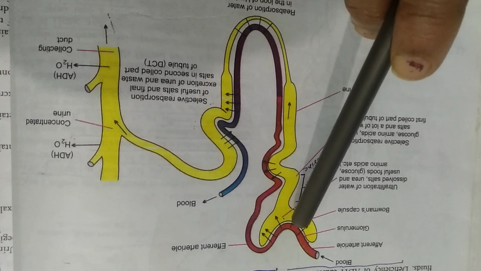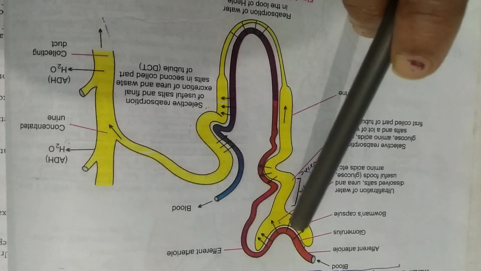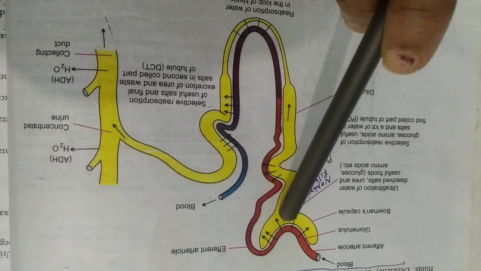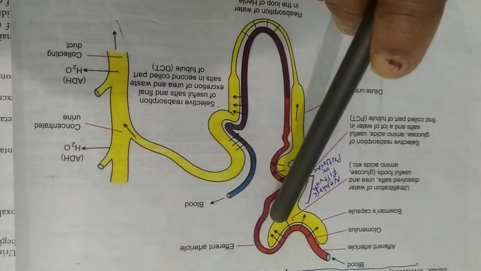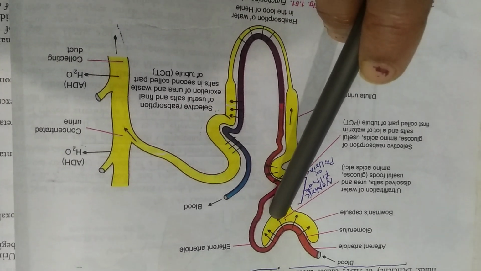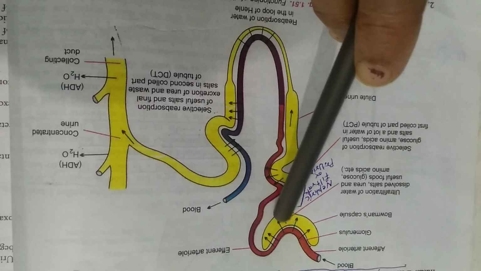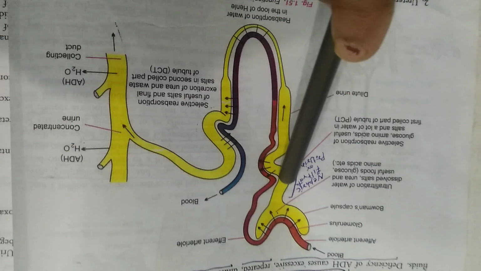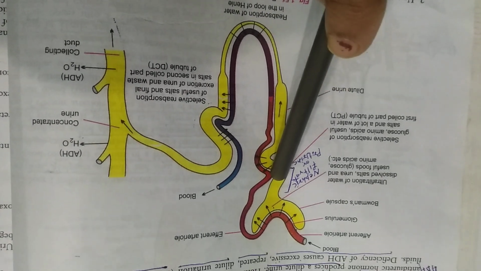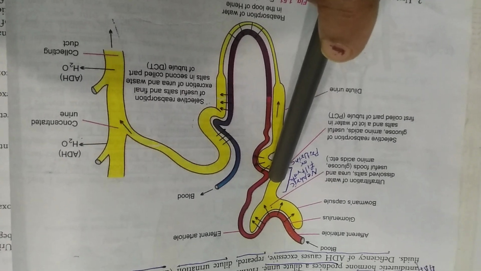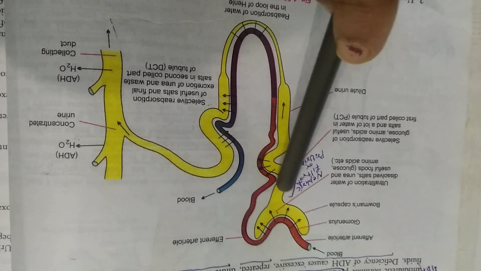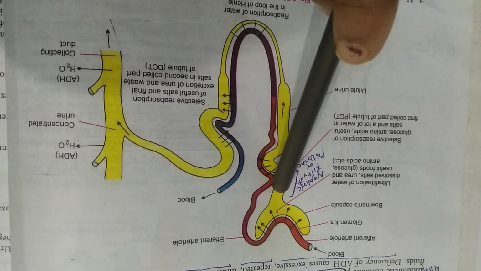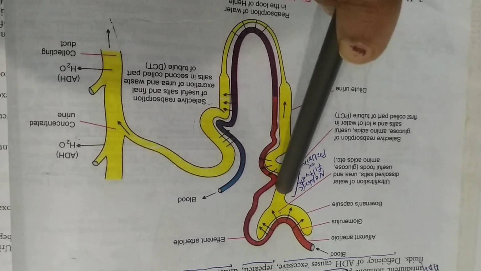Here, some amount of solutes like urea, uric acid, amino acids, hormones, glucose, ions, vitamins and water are filtered out and pass into Bowman's capsule. This is called nephric filtrate or primary urine. The volume of primary urine is about 180 liters per day.